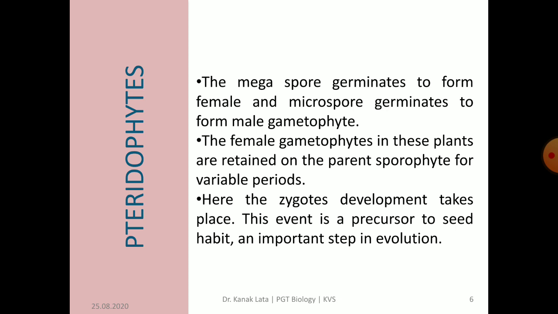The megaspore germinates to form the female gametophyte and microspores germinate to form the male gametophyte. The female gametophyte is retained on the parent sporophyte for variable periods. Here the zygote development takes place, which is an important event and a precursor to the seed habit, and also an important step in evolution.